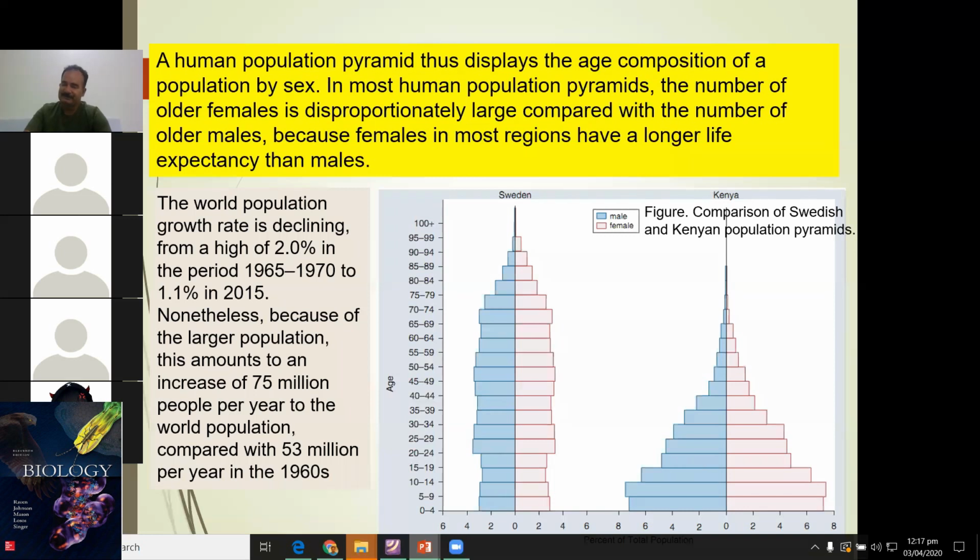Due to diseases and natural calamities, the adult population is reduced. But now the population of Kenya is a growing population, whereas the population of Sweden is a decreasing population. And in this regard, we need a sustainable, viable, stable population for the future of the planet.